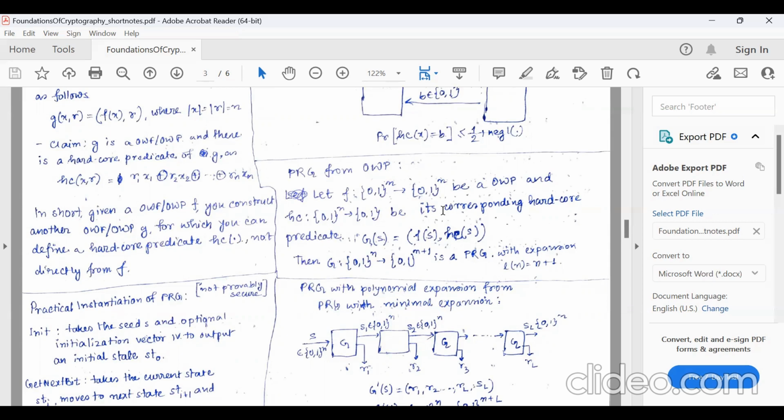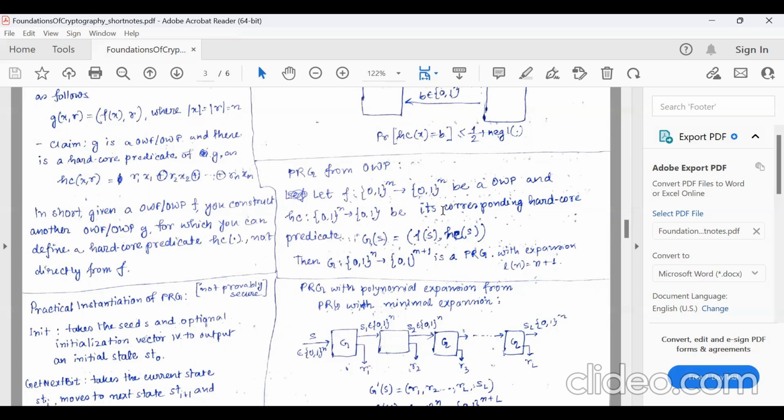LFSR is linear feedback shift register, and those are not provably secure, but they are heuristically secure, which means I'm not talking about exactly LFSR based PRG, but there are several variants of LFSR based PRG, where several years of effort to attack those PRG, that is breaking the pseudo randomness of those PRG, has remained unsuccessful.